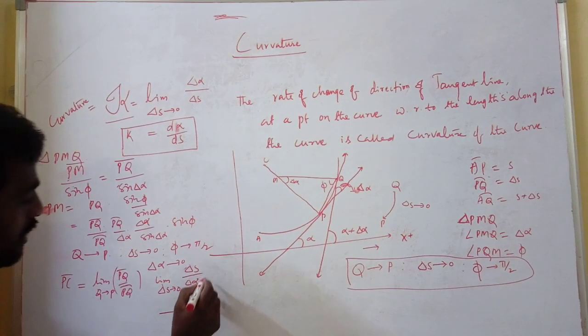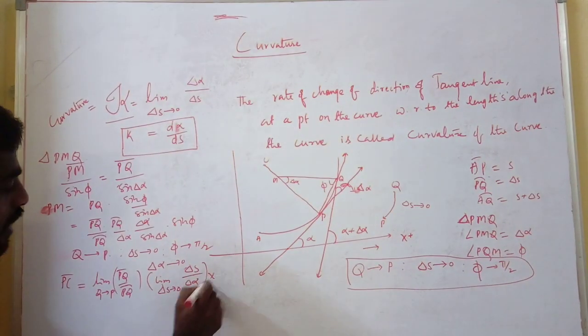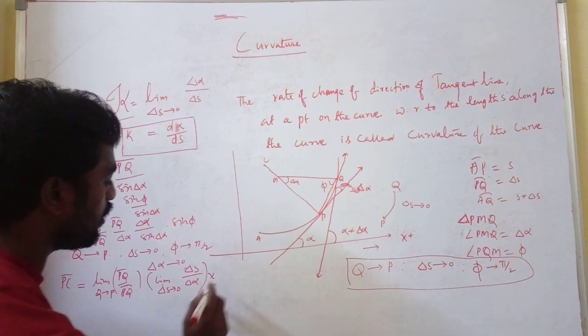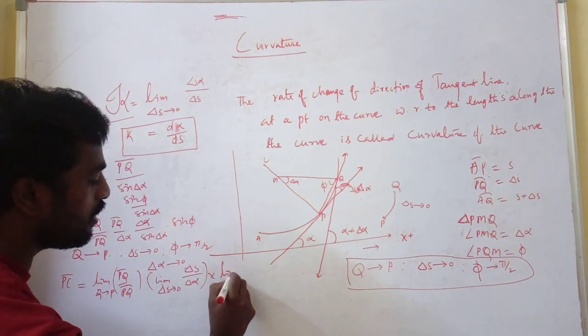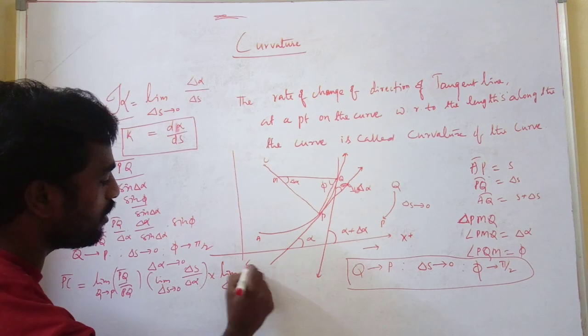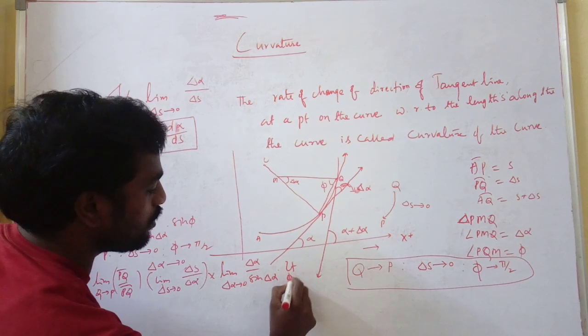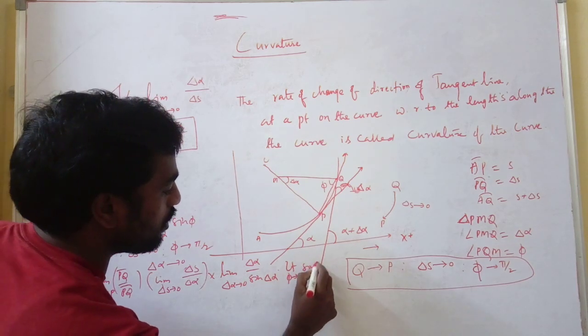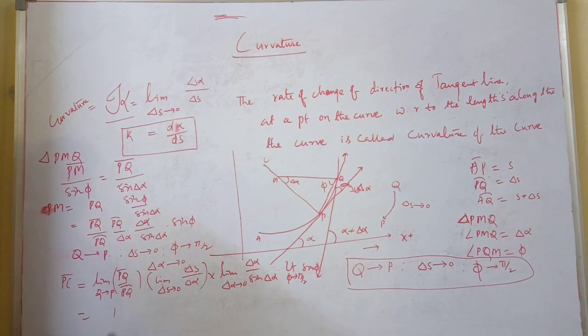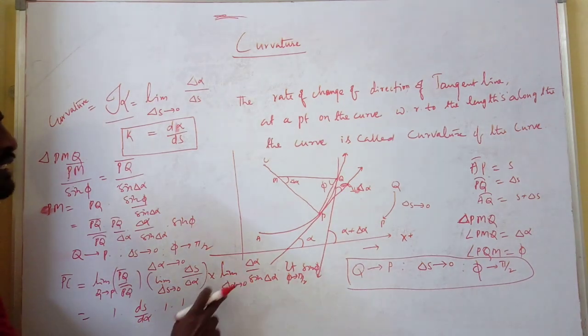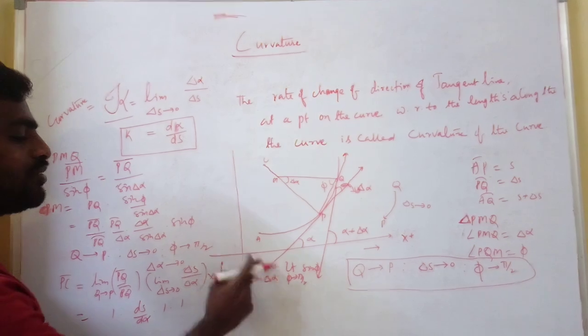Next is limit delta alpha tends to 0 of delta alpha by sin delta alpha, into limit phi tends to pi by 2 of sin phi. All of these values are equal to 1. The first one is 1, because as P tends to Q both are the same. The second one is ds by d alpha, and the next two are also 1. By the limit x tends to 0, sin x by x is 1, which is also the same for delta alpha.